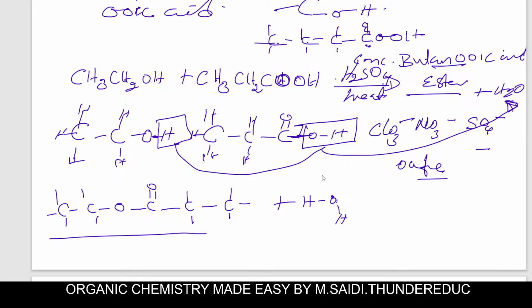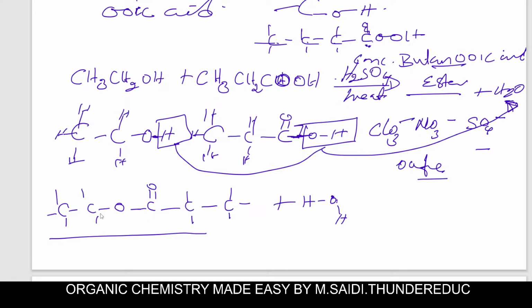Whenever you add this -ate, I don't mean ate like the past tense of eat. No, I'm talking about the negative. So it means this is a species which is negative in nature.